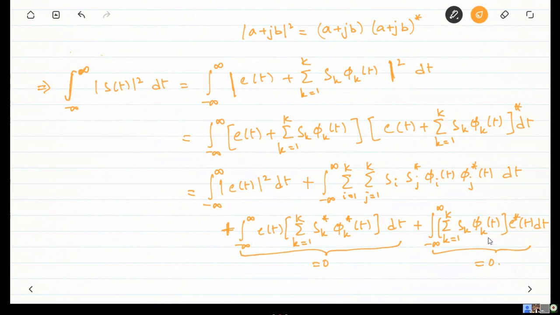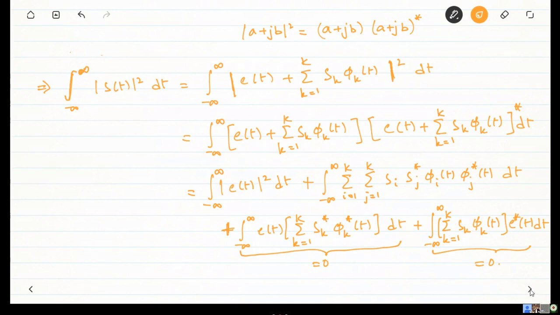Because we found these coefficients sk by using the principle that, see, how did we find these sk's? We found them assuming that the error signal is orthogonal to all the orthonormal functions.